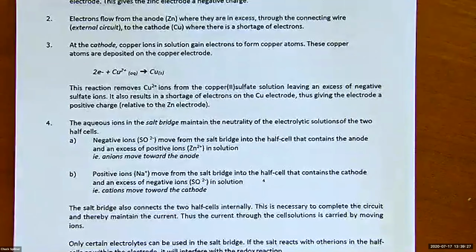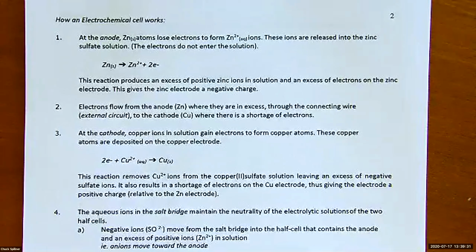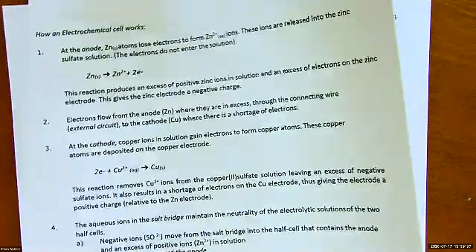The second page talks about what's going on in the electrochemical cell or the galvanic cell. I'm not going to go over that. We just went over that in the lecture.